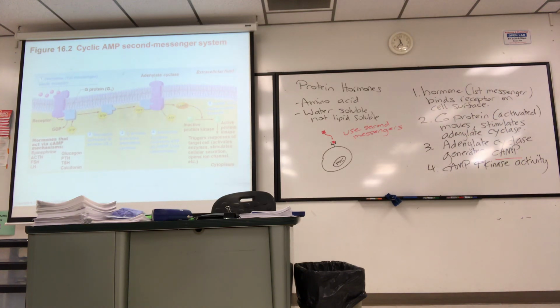Okay. The analogy has been given for these second messenger systems because the communicating molecule, the hormone, never enters the cell. But you've got to get the cell to do stuff on the inside. So the analogy is like you're walking along one evening and you see a house on fire.